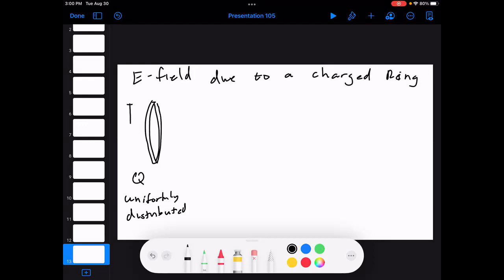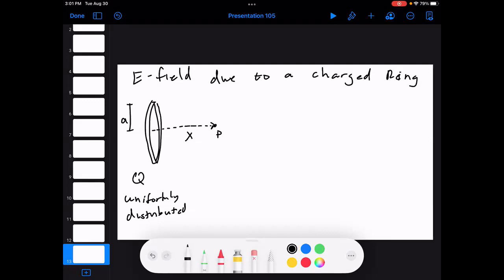Radius A. And what we're going to be looking at is a point P out here, which is a distance X from the center of the ring. So we're looking along the center of the ring, so we're going to say things about symmetry. And we want to figure out the electric field just at that point.